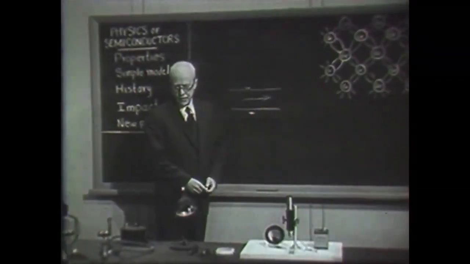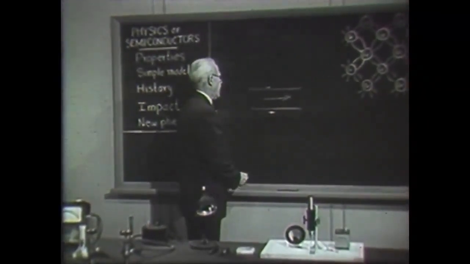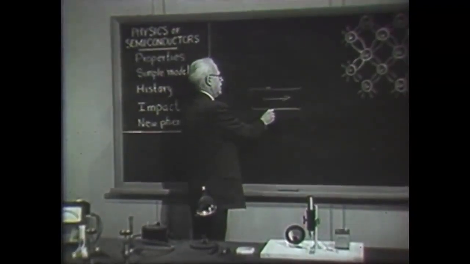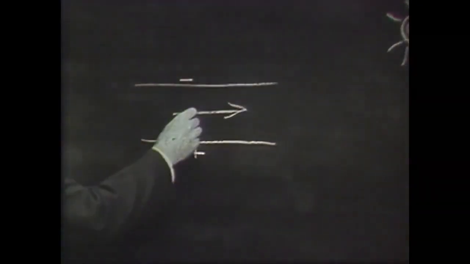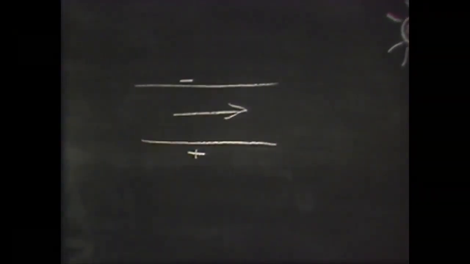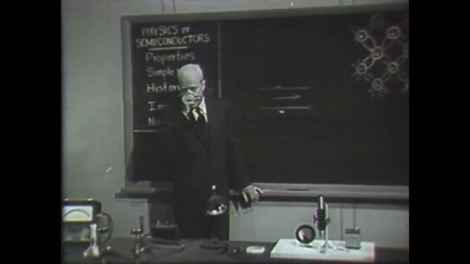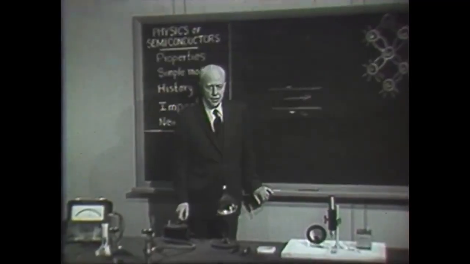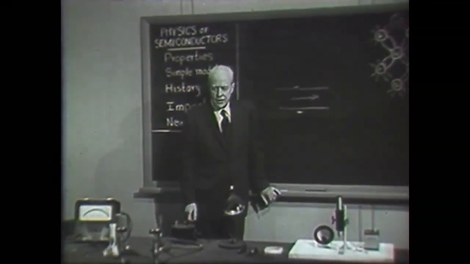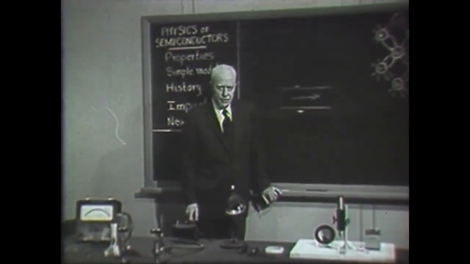But in the case of semiconductors, it was found that in some semiconductors it could have one sign, such as this, and others the opposite sign. These effects were all found before the 20th century, some on one semiconductor and some on another.